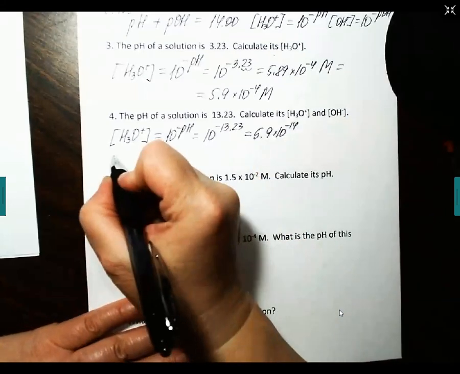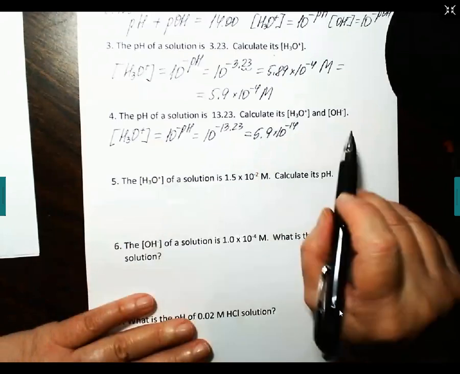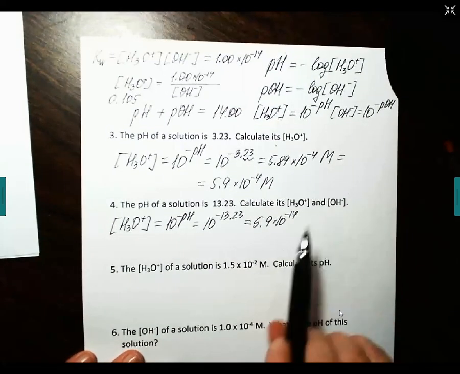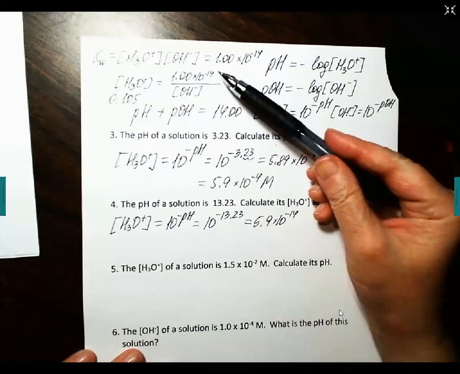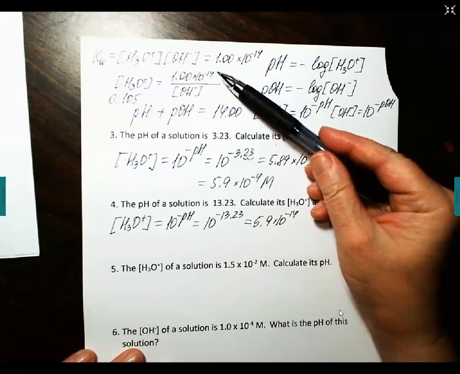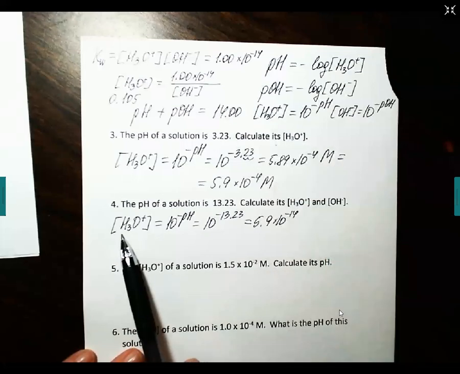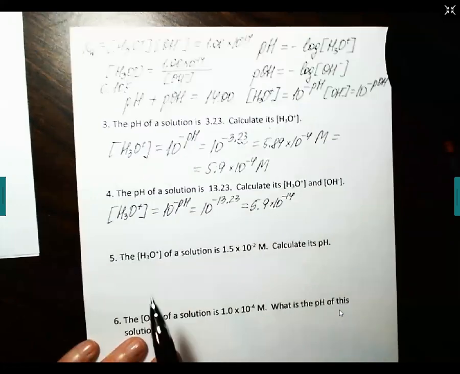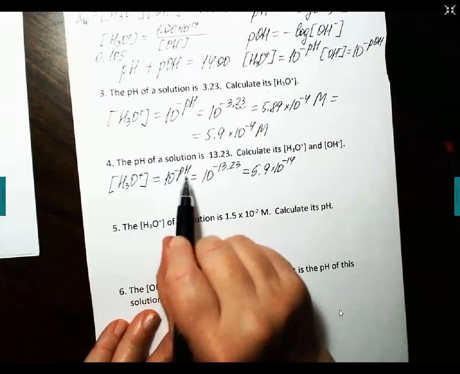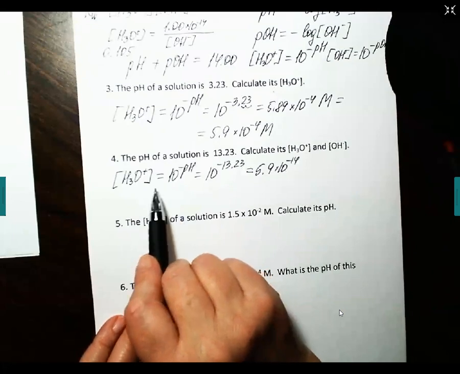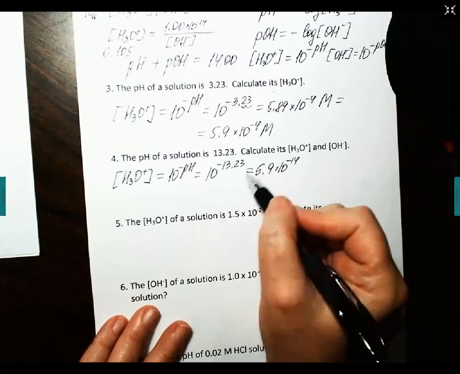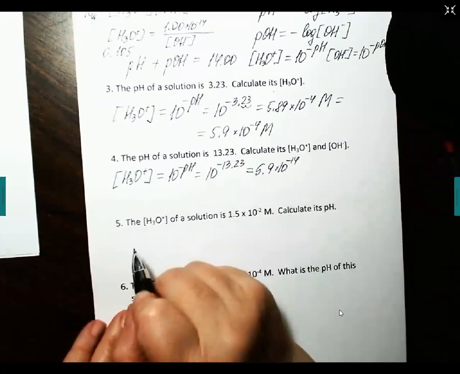And the OH minus hydroxide ion concentration we can calculate 2 ways. First way, we can divide the water ionization constant by the concentration of hydronium ion, which we already determined. Or we can calculate pOH, which is 14 minus pH, and then raise 10 to the power of negative pOH.